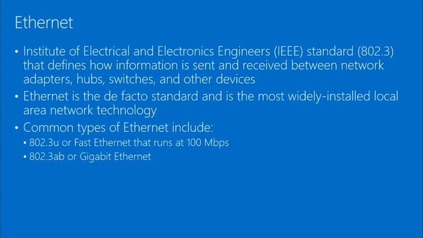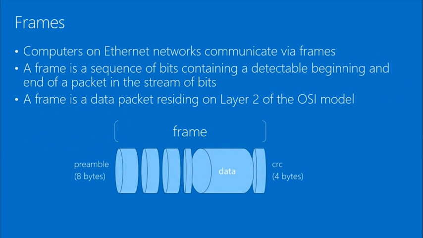So we have Ethernet, which is a representation of the physical media and how information is put on that physical media. Information is put on the physical media in frames. Basically, the way to think of a frame, you could think of it like a postcard. A postcard has areas that you write in.